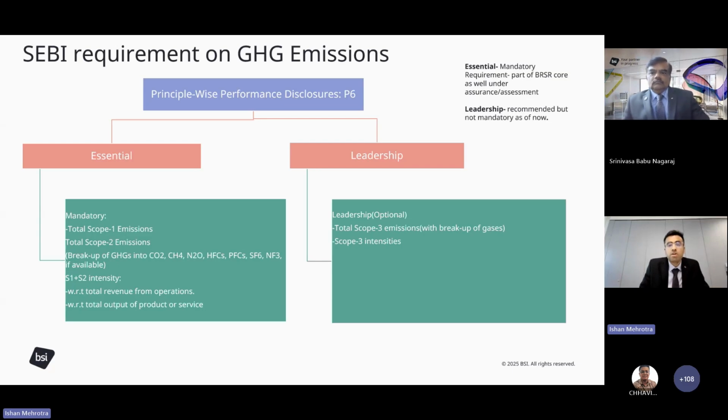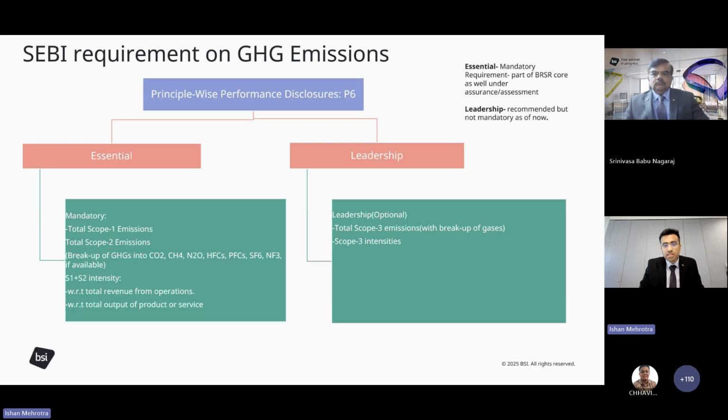Then SEBI is asking about the Scope 1 and Scope 2 intensity, with respect to revenue from operations and with respect to total output of product or service. These are the essential ones which fall under the assessment assurance mandate as well. And this is what we will be focusing on ahead. Under the leadership indicators, it also asks about the total Scope 3 emissions with breakup of gases and Scope 3 intensities.